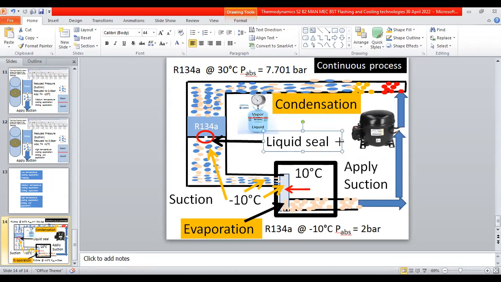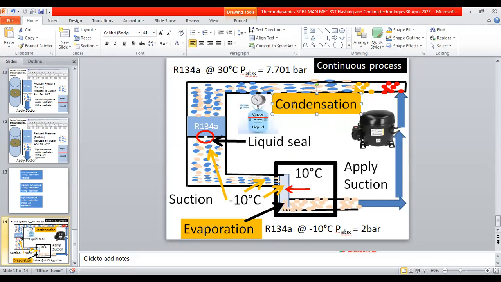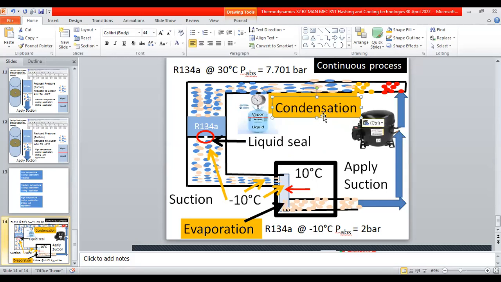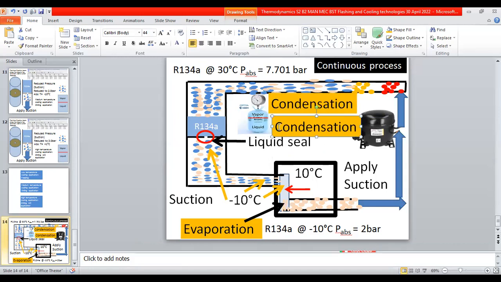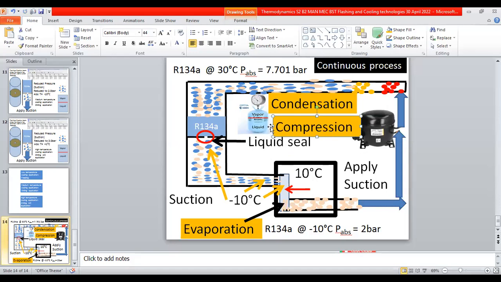But here we put only compression, because for compression, naturally you have to suck the gases and then compression takes place.